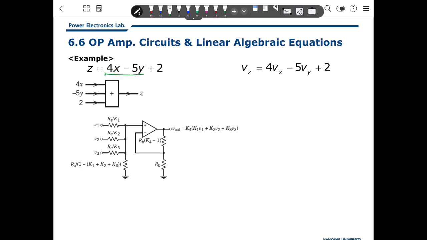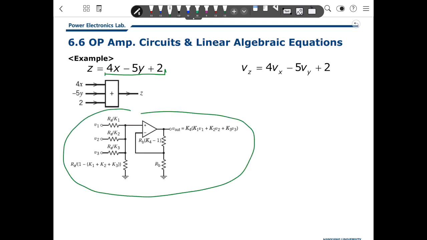The next, we make a summation over here. We already discussed the non-inverting summing circuits. So to do that, we make a circuit in this way. I recommend you derive this circuit, the non-inverting summing circuit. It's quite complicated, but you can do that anyway.